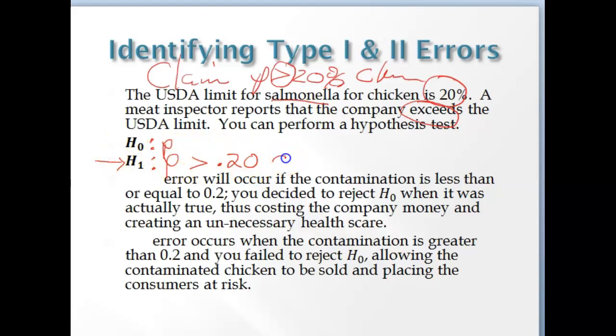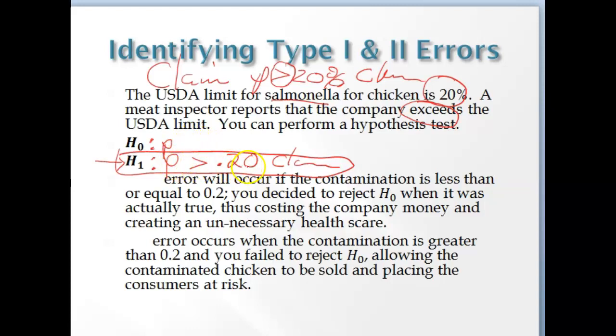So again, what you need to do is identify the claim first, and then decide whether the claim is the alternate or the null hypothesis based on whether it's strictly an inequality or whether it contains a condition of equality. Here it happens to be the alternate hypothesis. Remember, the claim could be either the null or alternate hypothesis, depending on whether it contains a condition of inequality, that's alternate, or equality, which is null.